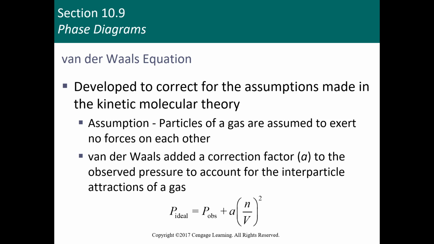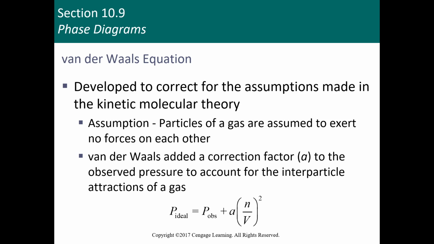Remember the ideal gas law, where you say the vapor molecules are too far apart to interact and moving too fast to interact. Well, the assumption that they don't exert forces on each other is not actually true for all cases. So Van der Waals added a correction factor to these pressures.